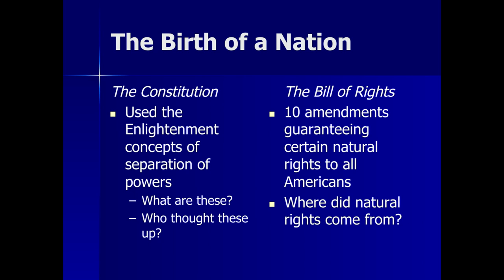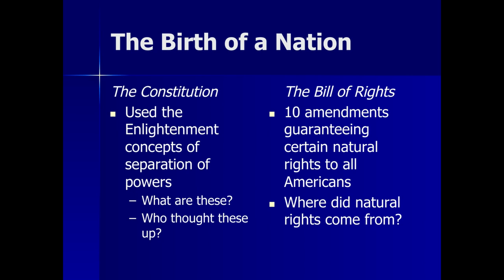We're also going to create a concept of separation of powers, and we're going to create three branches of government: an executive branch, a legislative branch, and a judicial branch, all from the ideas of Montesquieu. Each branch would have the power to check the other branches if necessary.